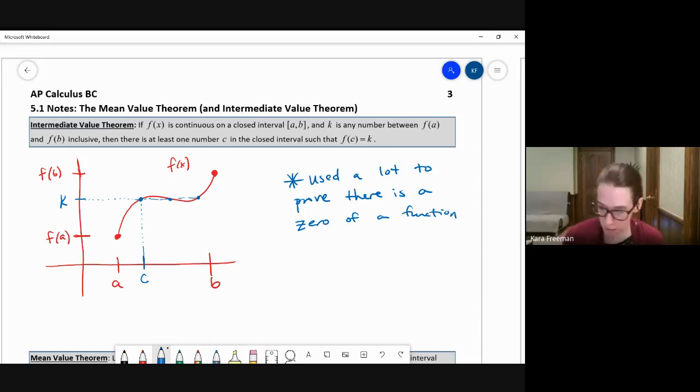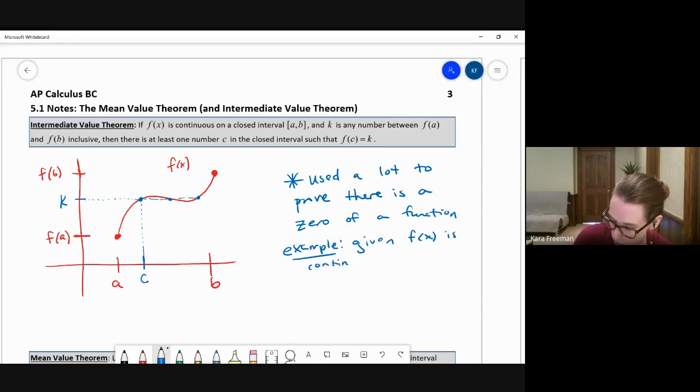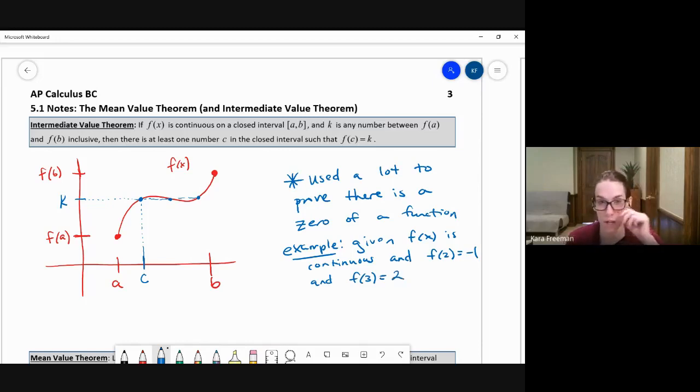Right? So let me state that. Let me give you an example. Given f of x is continuous and f of 2 equals, I don't know, -1, and f of 3 equals, I don't know, +2. If that's the information we're given, we have the condition that the function is continuous.